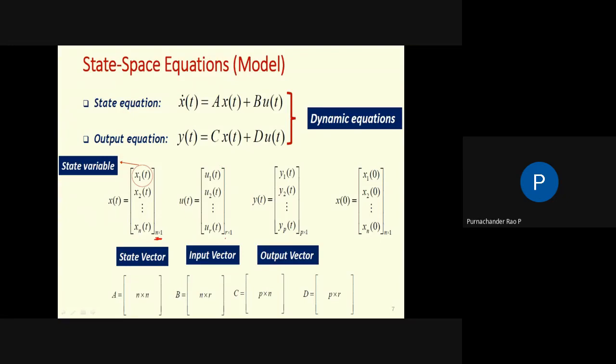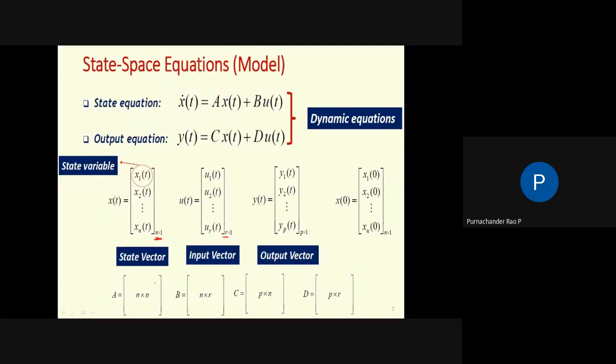There are r inputs, so you have u1, u2, u3, and so on up to ur. This is also a column matrix. y(t) is an output matrix, and x naught represents the initial conditions.